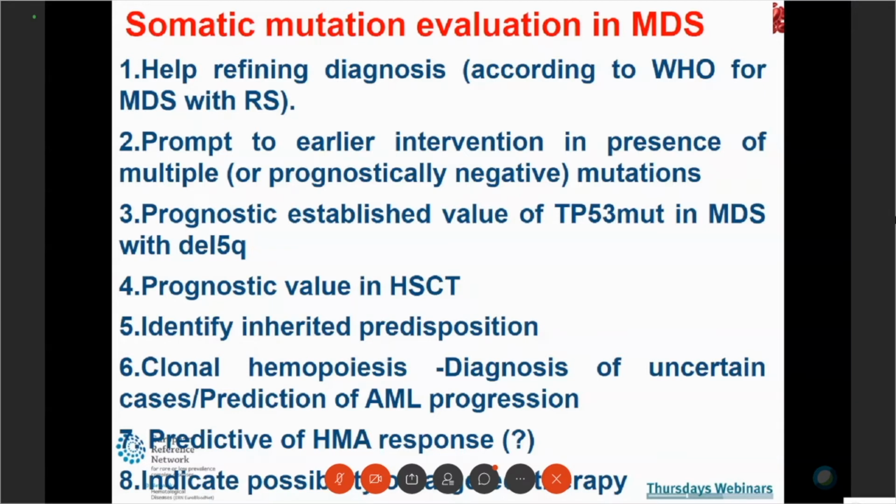We are trying to evaluate whether this somatic mutation evaluation is useful to predict response to some therapy like hypomethylating agents, but surely it's indicative of the possibility to use target agents.